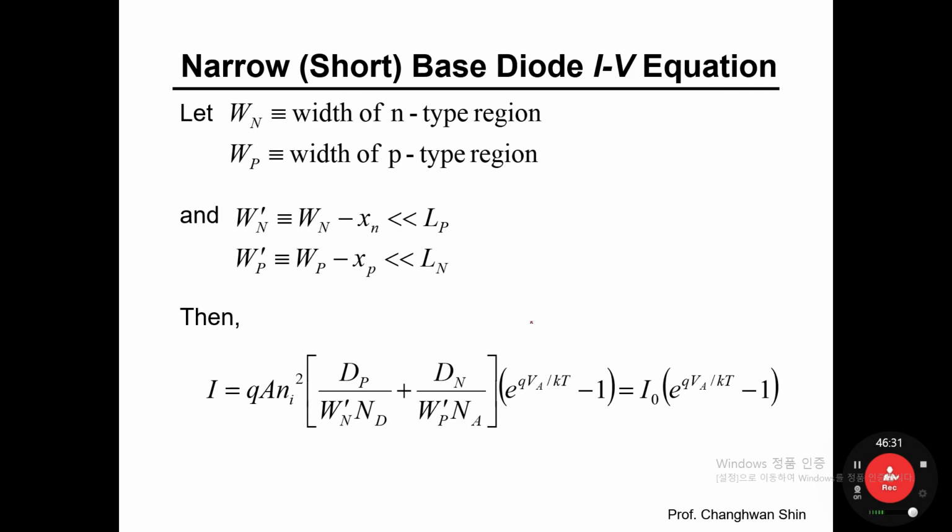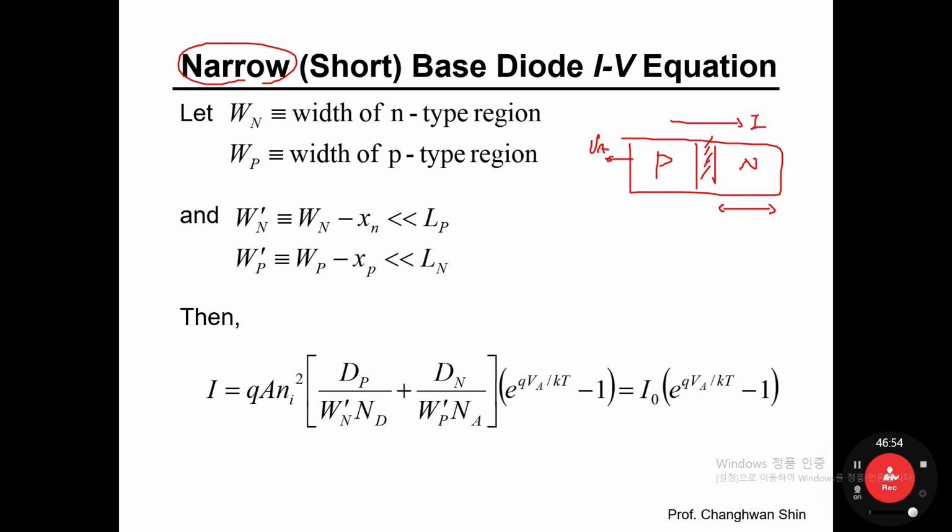So in the narrow base diode IV equation, now you may understand the meaning of narrow in a PN diode: the physical length of the quasi-neutral region of the N side is very short or narrow, then how is the current flowing for a given bias voltage.